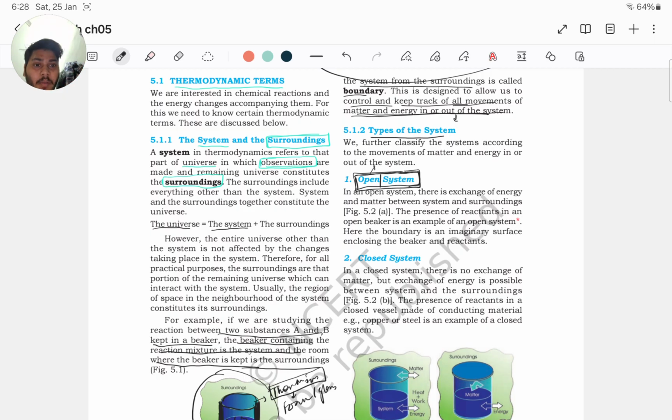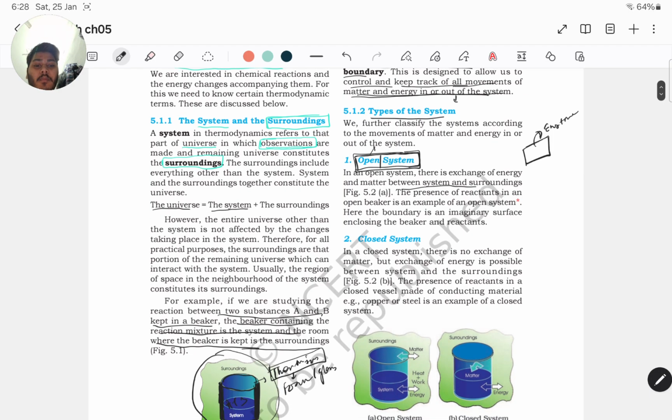So open means it can exchange energy as well as matter, because that is an open system.